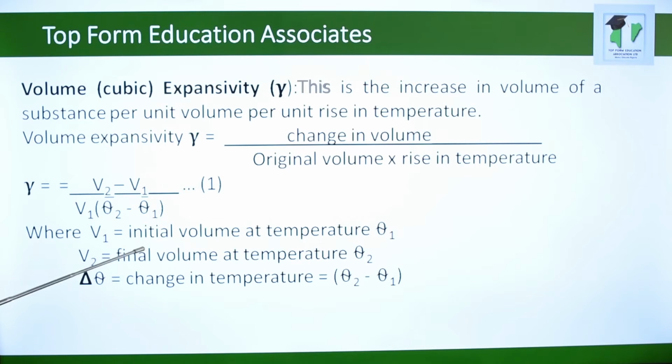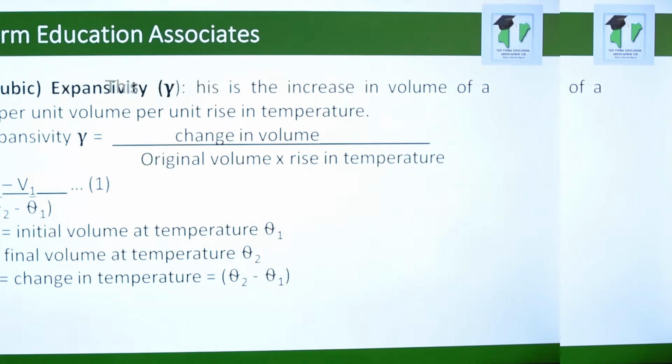V1 is the initial volume at temperature theta 1, when you have not added heat to it. V2 is the final volume at temperature theta 2, after you have added heat, which led to expansion of these solids. Change in theta gives you the change in temperature, which is theta 2 minus theta 1. Is that okay?